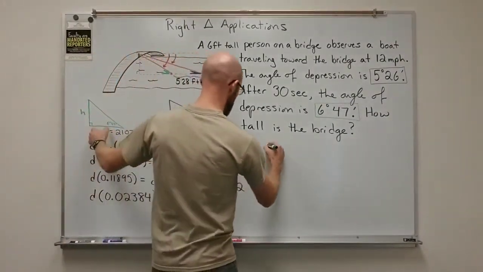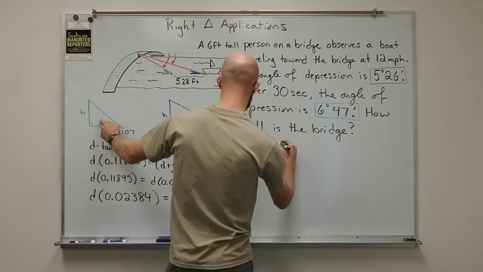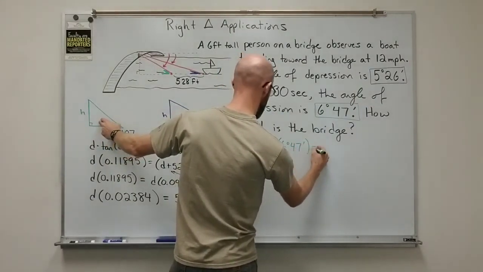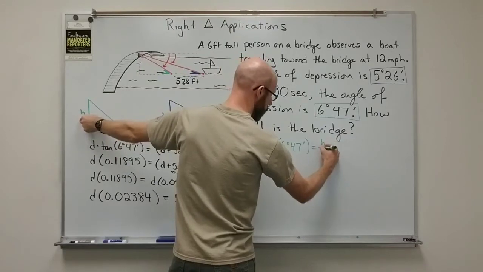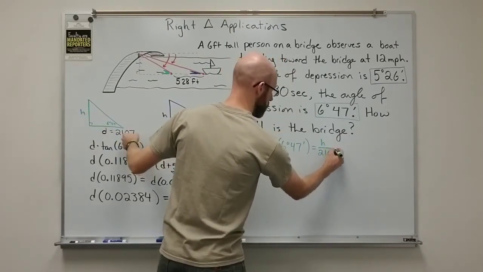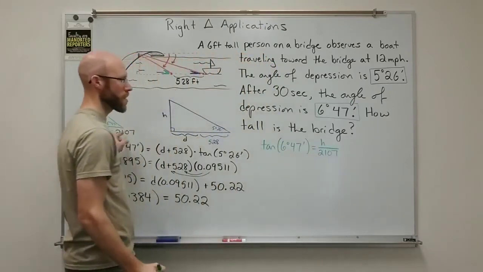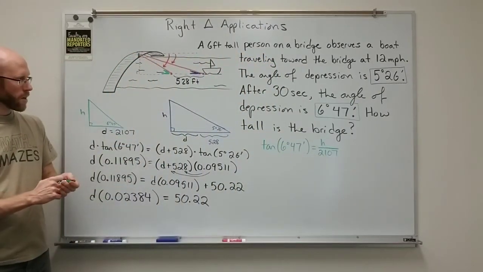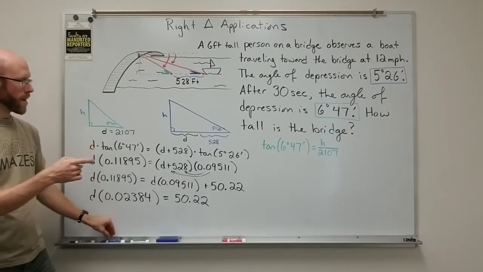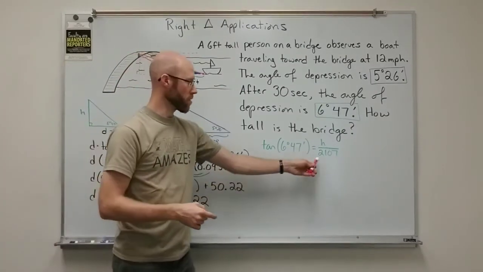And I know that the tangent of 6 degrees 47 minutes is equal to the opposite over the adjacent, which is now 2107. I'm going to multiply both sides of that by the denominator of 2107.